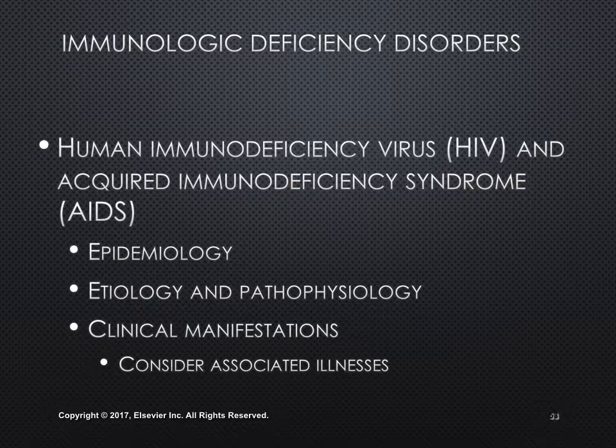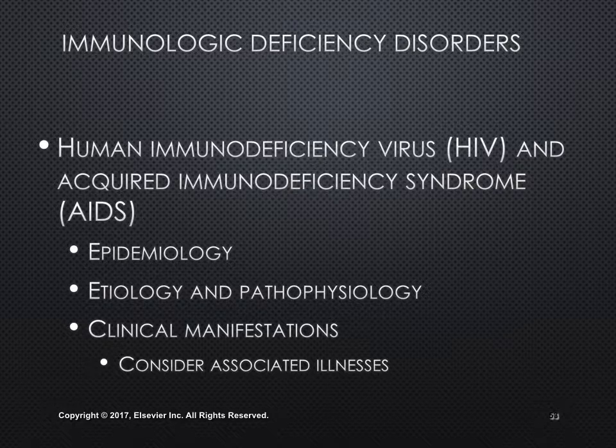There are different strains of HIV, whereas HIV-2 is prevalent in Africa. HIV-1 is the dominant strain in the United States and other parts of the world. Horizontal transmission of HIV occurs through intimate sexual contact or parenteral exposure to blood or body fluids containing visible blood. These are your needle sticks.